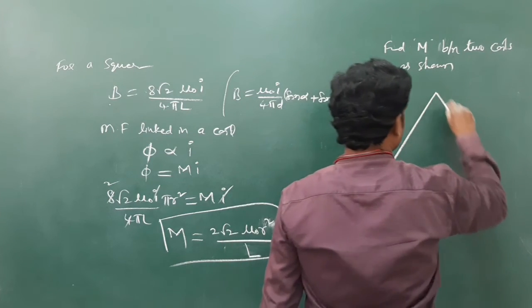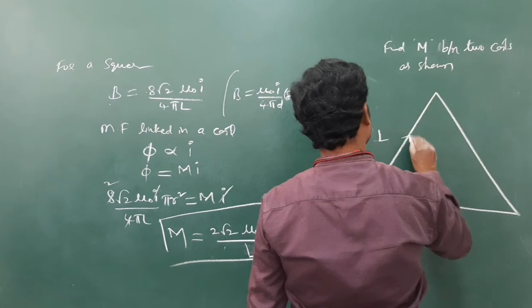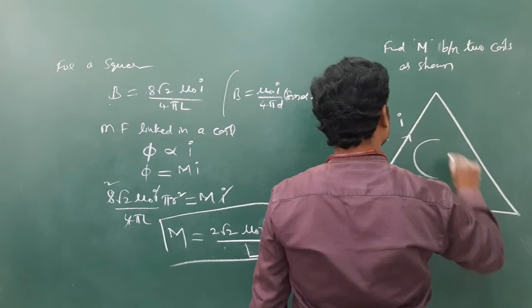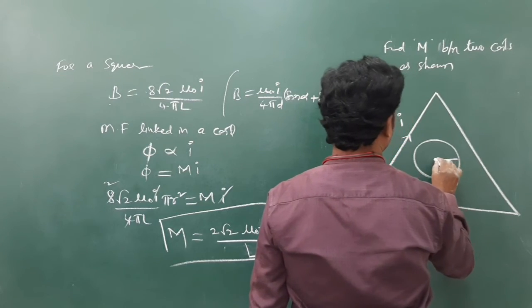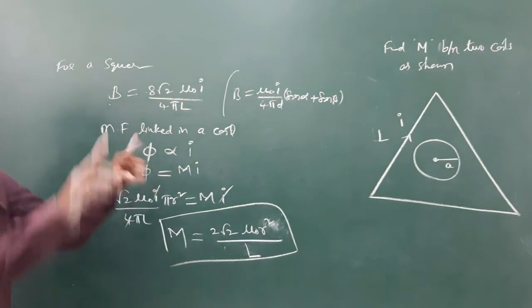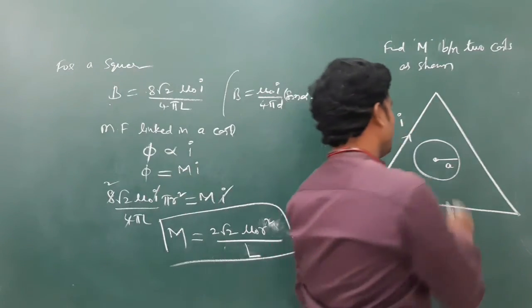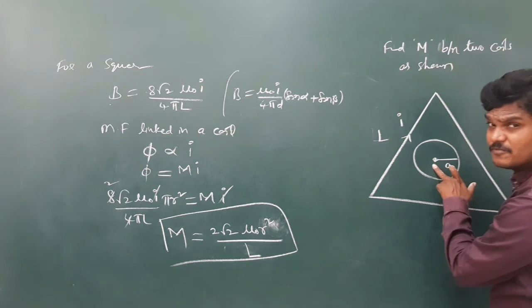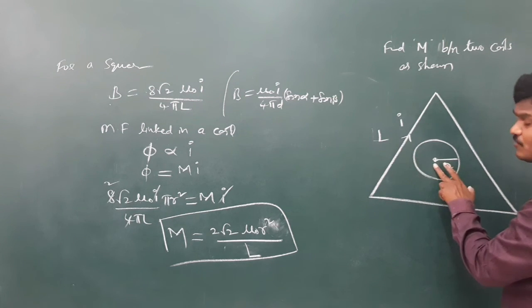Let us suppose this is the triangle whose sides are L, current is I, inside some circle whose radius is A. Then find the mutual inductance between these two. One is a triangle in shape, the other one is a circle, current is here, and there will be a field at the center of the triangle. If L is the side, there is one formula here.